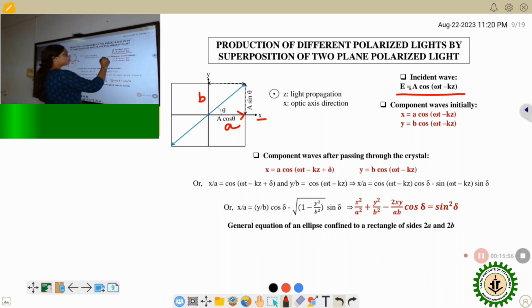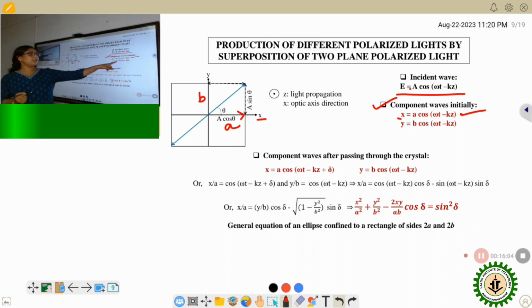The component waves initially will be given by x equal to small a cos(omega t minus kz) and y equal to small b cos(omega t minus kz). Here small a is A cos theta and small b is capital A sin theta.